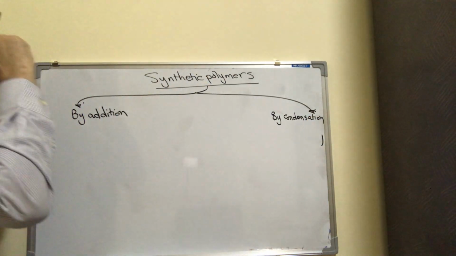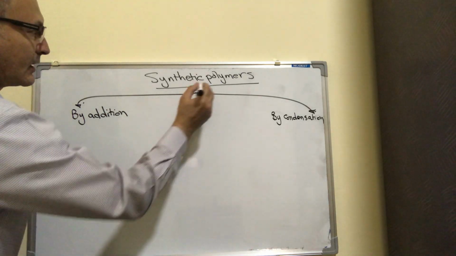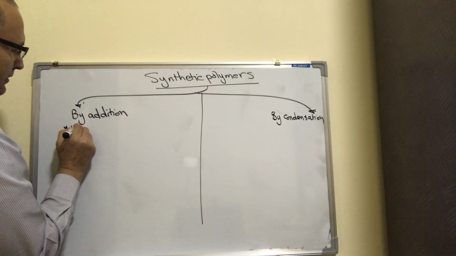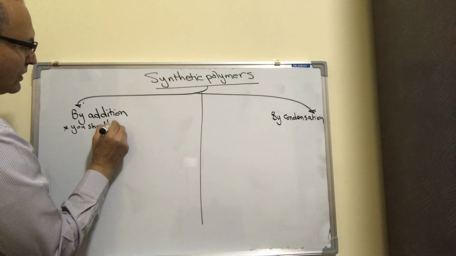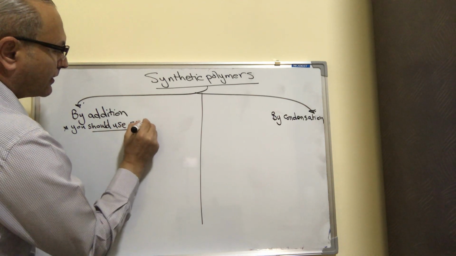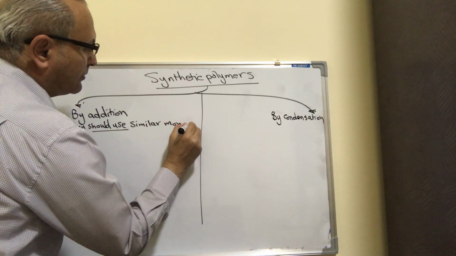What's the difference between both of them? In the addition reaction, you should use similar monomers. What do you mean by that?